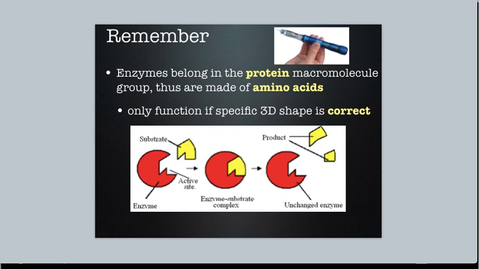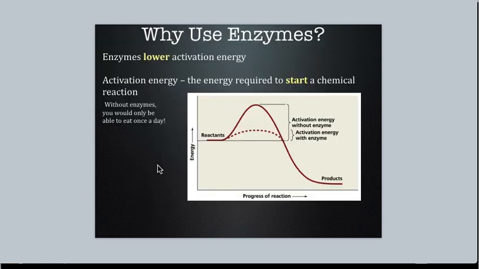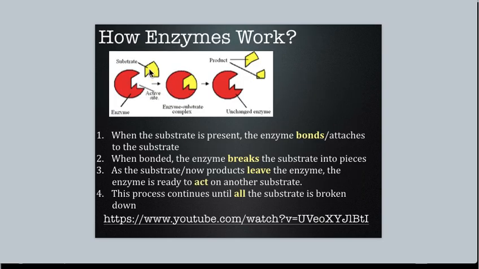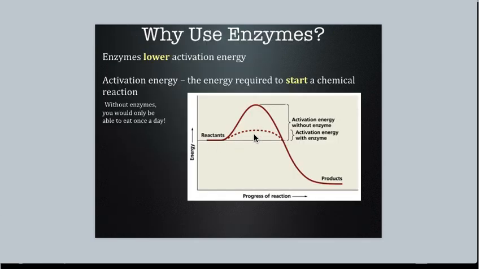So activation energy, because enzymes use bonding to break bonds, they use the interaction between the enzyme and the substrate, this little interaction right here, with the active site. It does not require energy to do that. So there's a lot less energy being used to break something down if you use an enzyme.